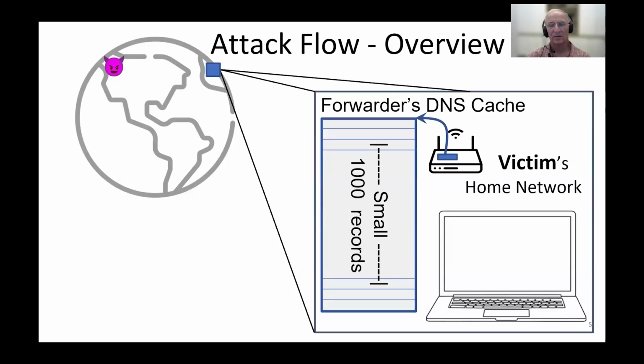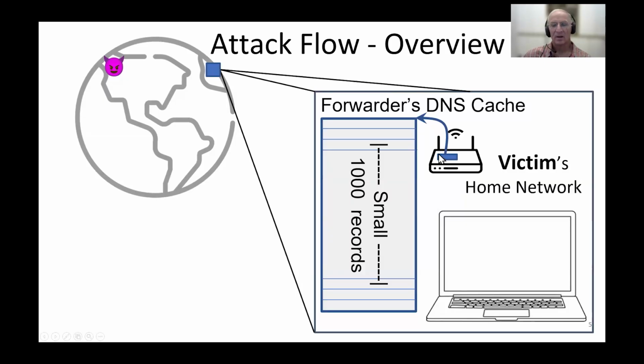It's an element of DNS in the home router, either Wi-Fi or cable or any other home router. They use some kind of a DNS cache to expedite the responses of DNS requests.